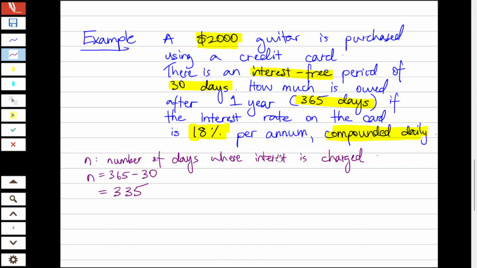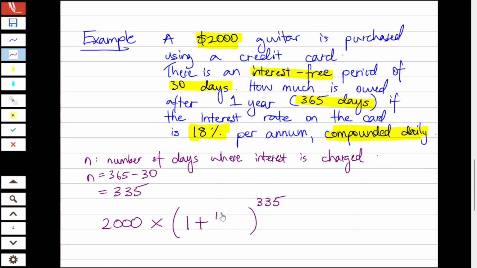What we're going to do now is we're going to increase this by 18 divided by 365%. So we will start with 2000 and we're going to multiply it by the growth factor to the power of 335. So every day where interest is charged, we're going to multiply by this number inside the brackets. It's 18%, but it's split over a daily rate.